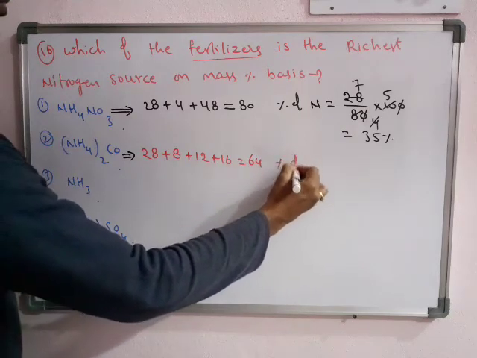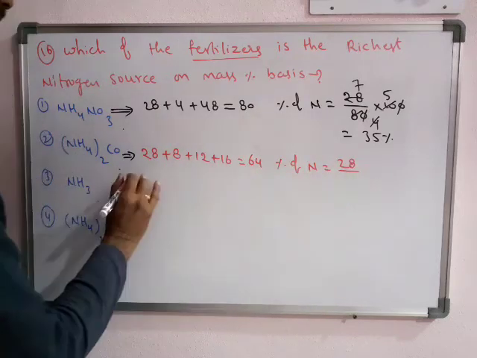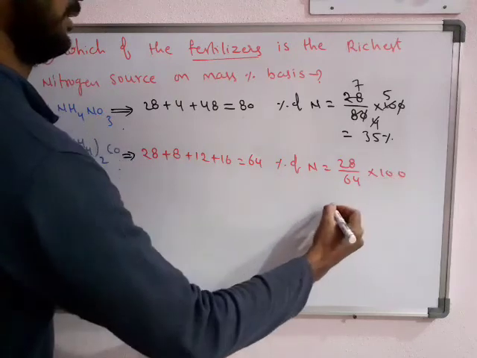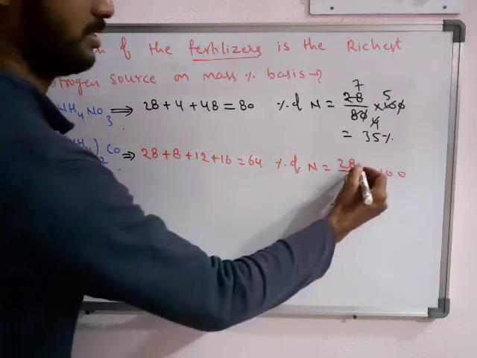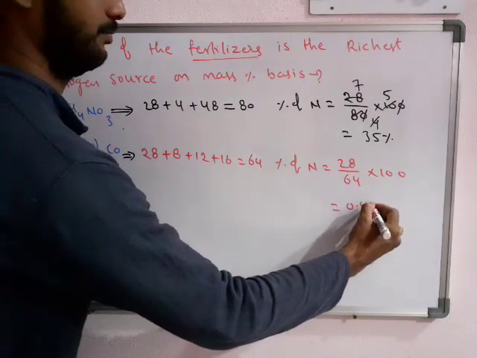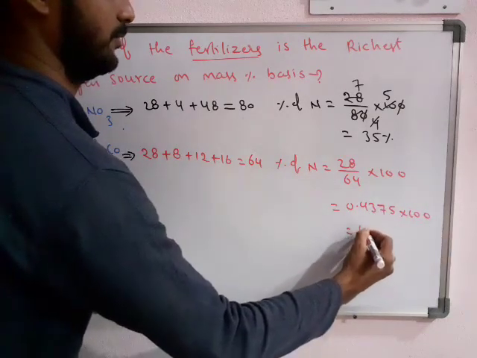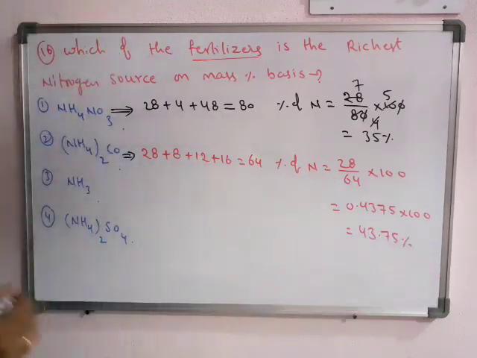So the percentage of nitrogen is 28 by 64 into 100, which gives 0.4375, that is 43.75%. We have to compare the percentages of nitrogen in all compounds.